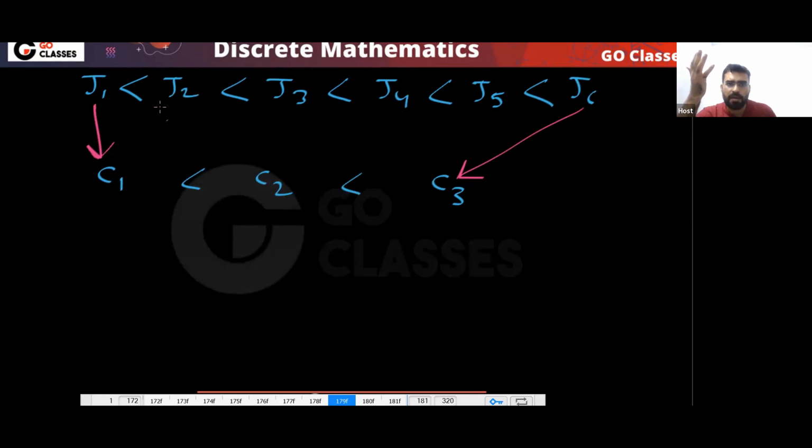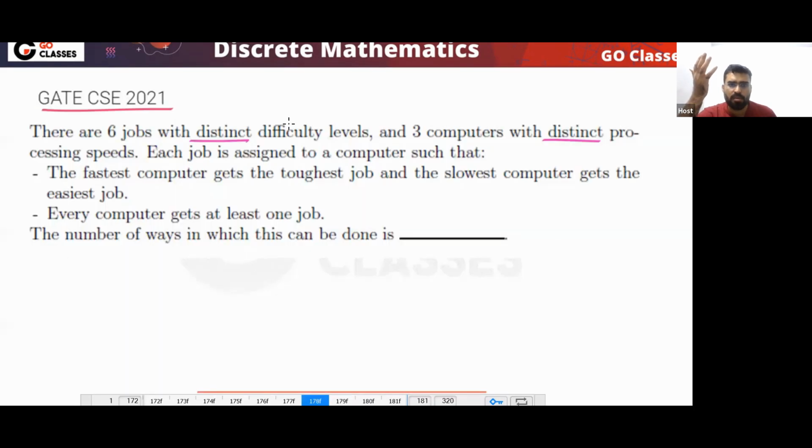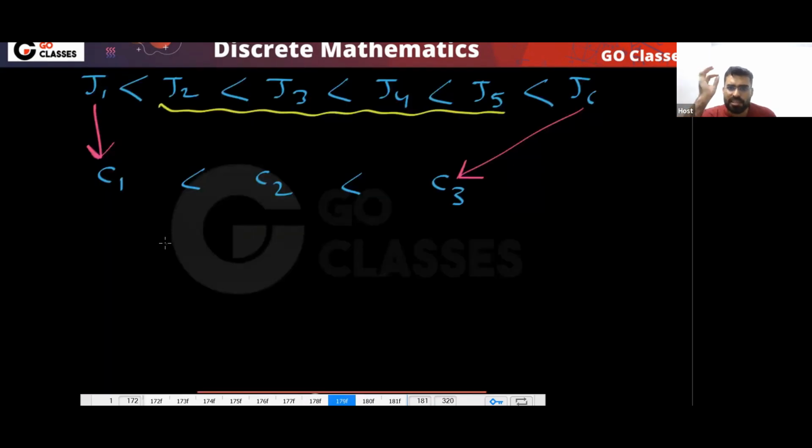Now what we have to do? Every computer gets at least 1 job. Already C1 is getting at least 1 job. Already C3 is getting at least 1 job.